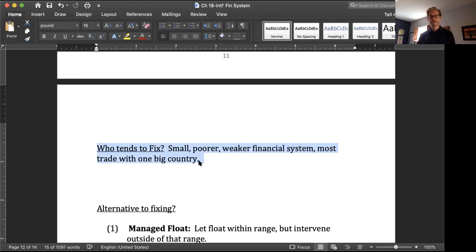For countries that are smaller and poorer, meaning they need to attract a lot of foreign capital, countries that don't have very strong financial systems, the only way they're going to be able to attract financial resources is through foreign capital. And those countries that trade a lot with one big country, they're going to tend to fix, right?